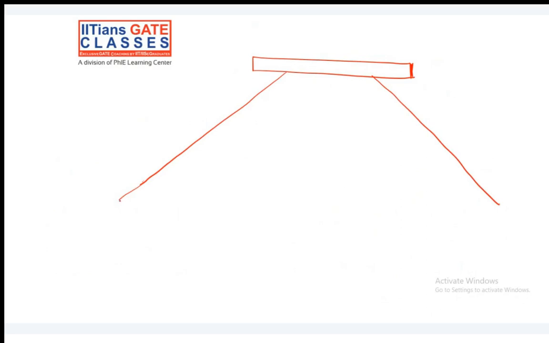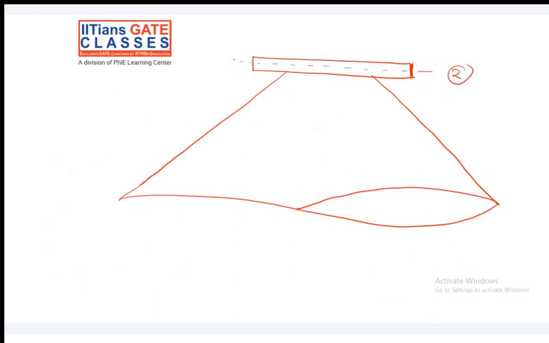And what is in this draft tube? First thing, this is your exit, this is 2. And then we have the tail race level. And then we have the datum level.